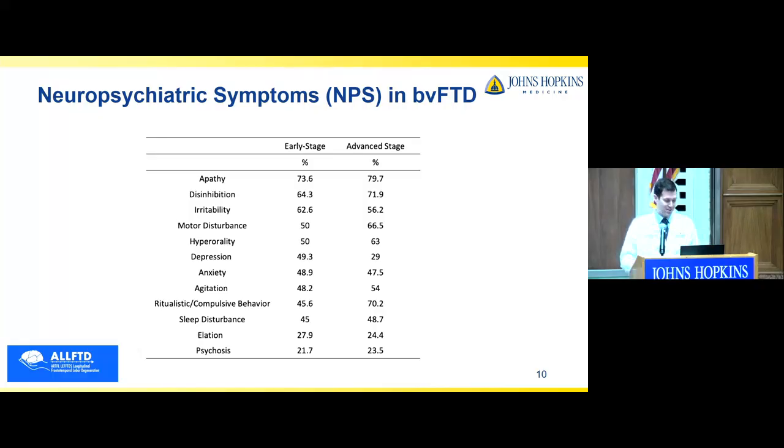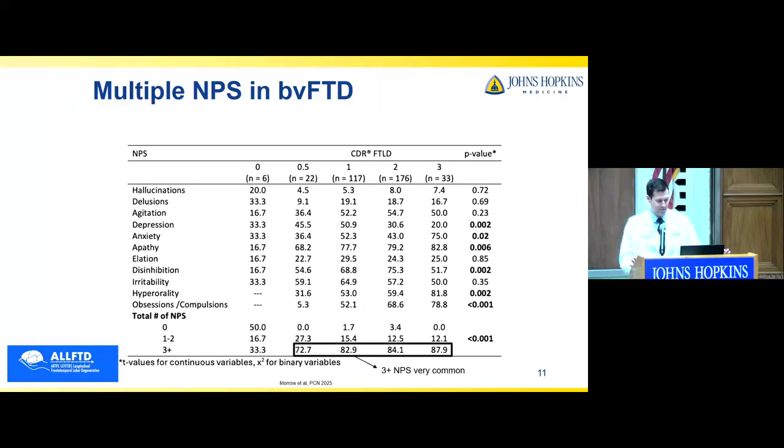So that was the underlying hypothesis or motivation for undertaking this work. I'm going to present a series of tables now from a paper that was, actually good timing, just accepted last Thursday in the Journal of Neuropsychiatry and Clinical Neurosciences. This is an ALLFTD paper that I led with wonderful collaborators across the country. And I'm going to march out the findings from this, which I think are really exciting.